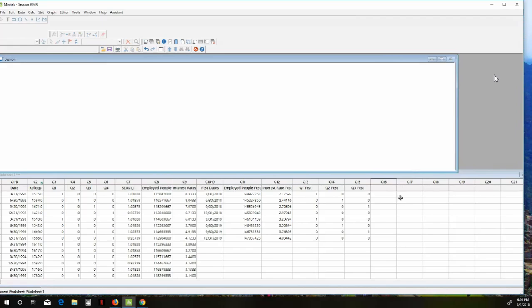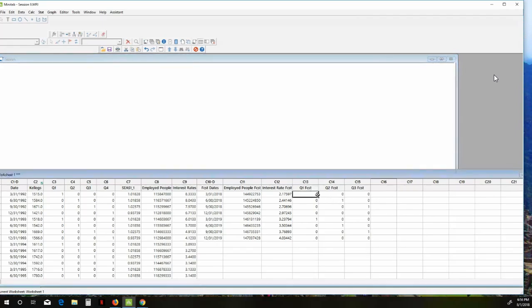Okay. So we have forecast values, first, second, and third quarters. I left the fourth quarter out, so it's all 0s, and still first, second, third quarter forecasts for the forecast period.